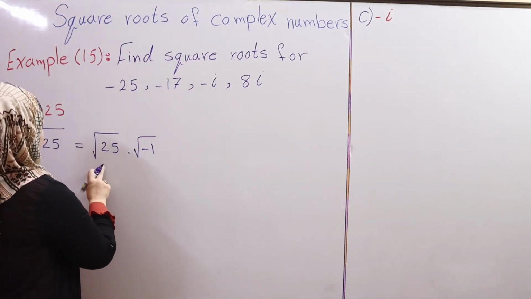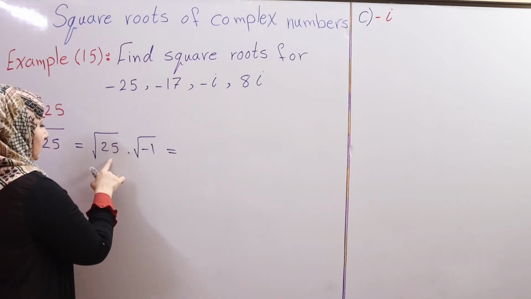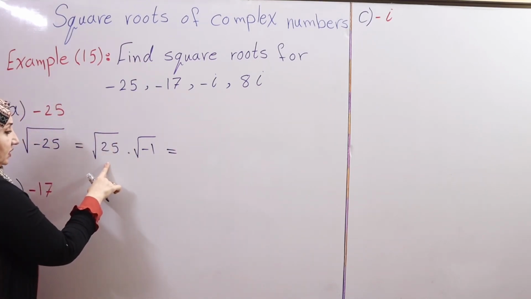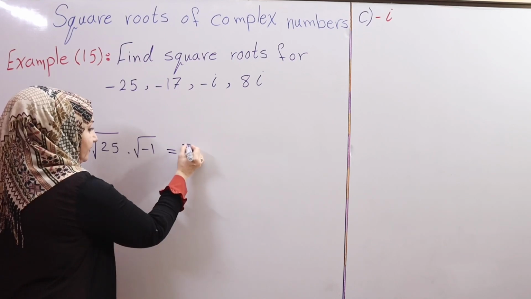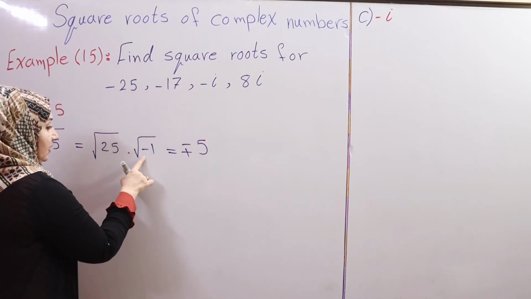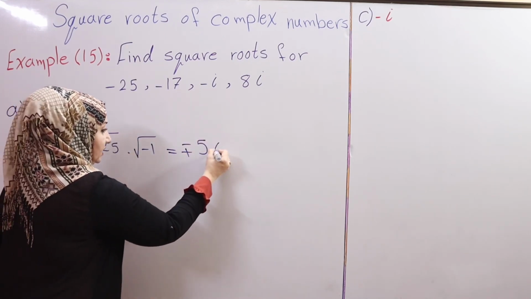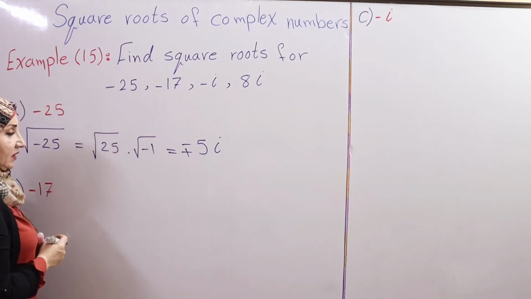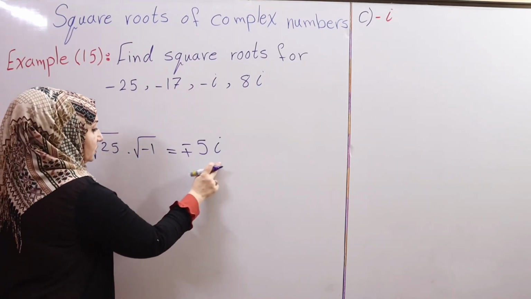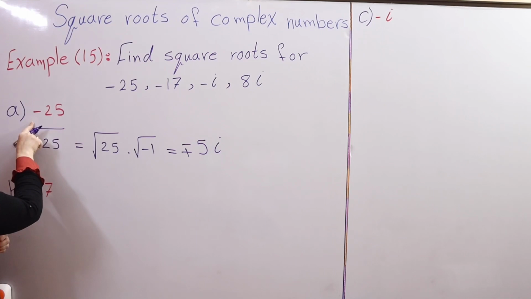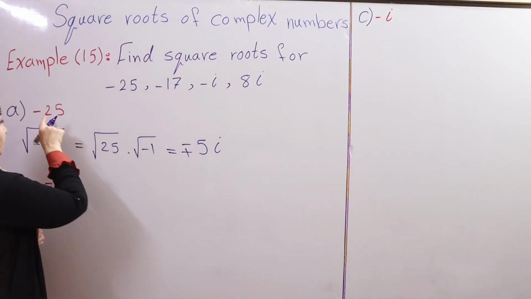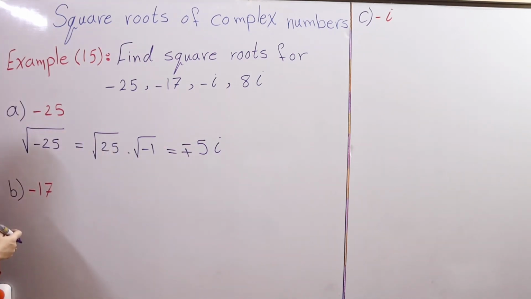The square root of 25 is positive or negative 5, and the square root of negative 1 is i. These are the two square roots for the number negative 25.